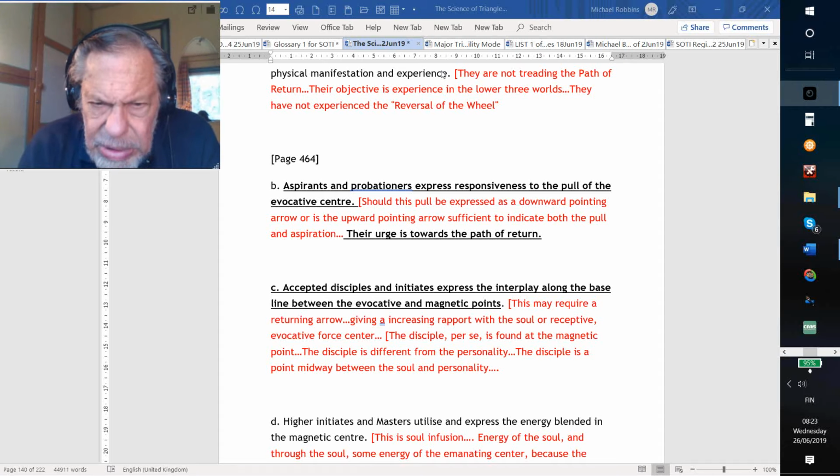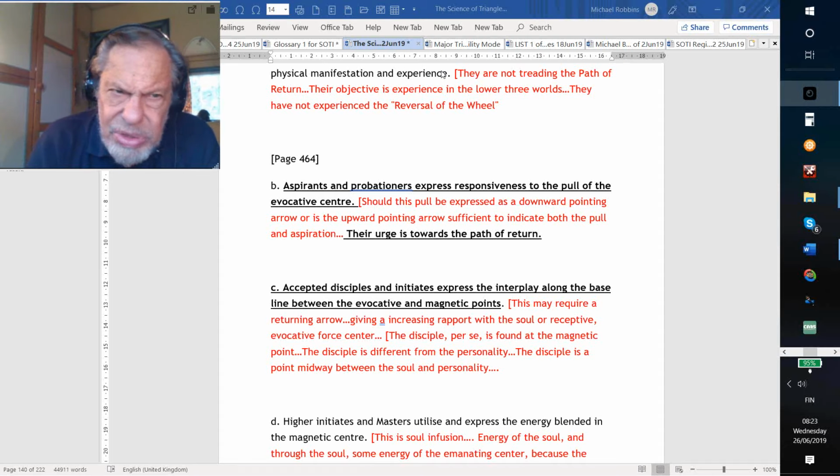The disciple, I say, will be found at the magnetic point. See, at first it's just the personality, but what is the disciple? The disciple is the soul within the personality. So each one of these points will have something new about them when there is a return flow.